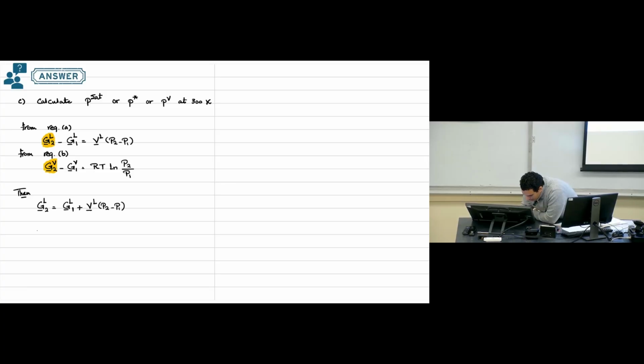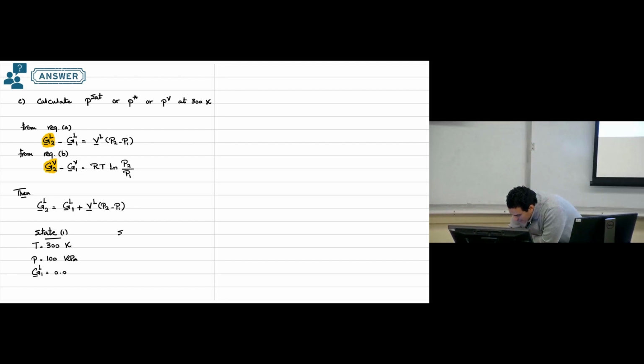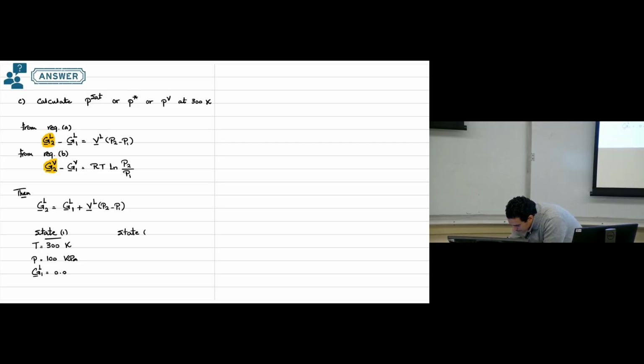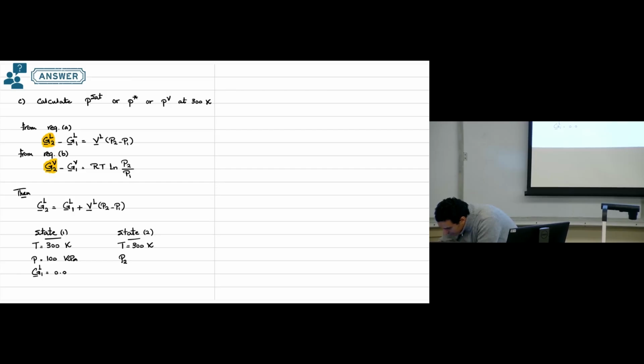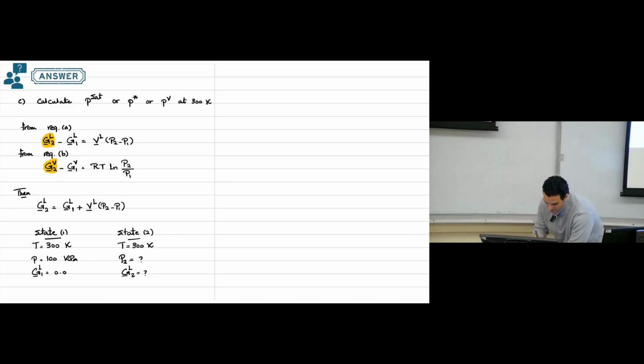So for condition number 1, the temperature is 300 Kelvin, the pressure is 100 kilopascal, and the molar Gibbs free energy for liquid at condition 1 is 0. This is the given information. For state number 2, I know the temperature is 300 Kelvin. I have no idea what the pressure is at this condition, and I have no idea about the molar Gibbs free energy at this condition. So let's put all of this information here.